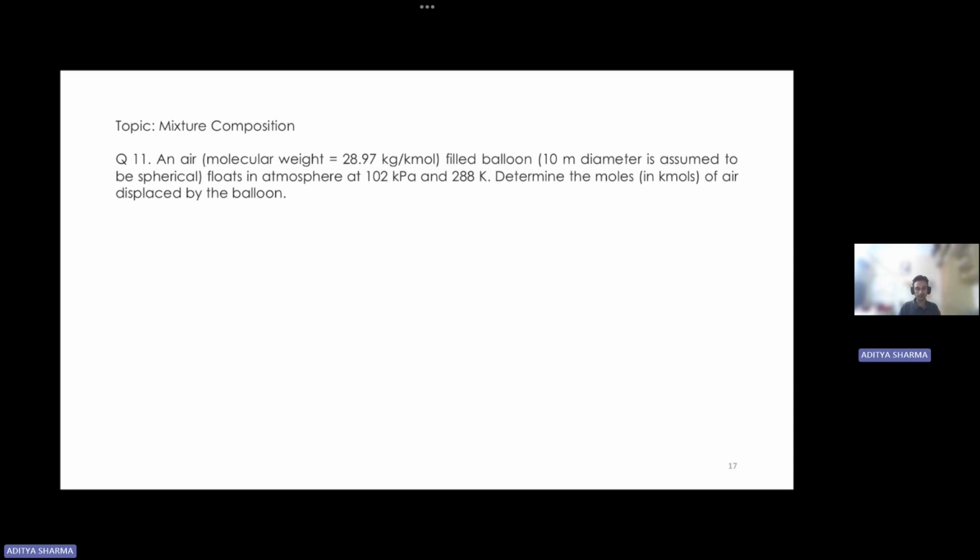So how will we calculate mass? We will use the PV equals RT expression, PV equals mRT, right?